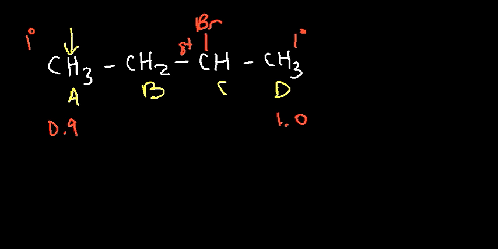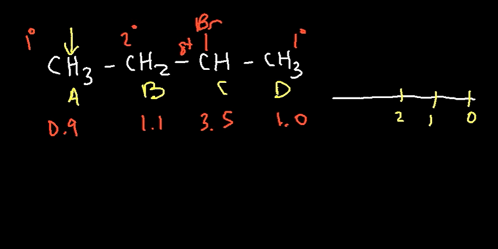Now, the CH2, which is secondary, could be a little bit more than 1, maybe like 1.1. And the CH, which is directly attached to a bromine, is going to be anywhere between 3 to 4, so we'll say like 3.5. So those are the chemical shifts. On the graph, let's say this is 0, this is 1, this is 2, this is 3, and 4. So proton A would be somewhere around 1, but we'll graph it soon.